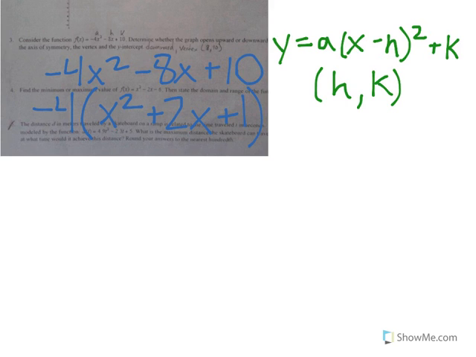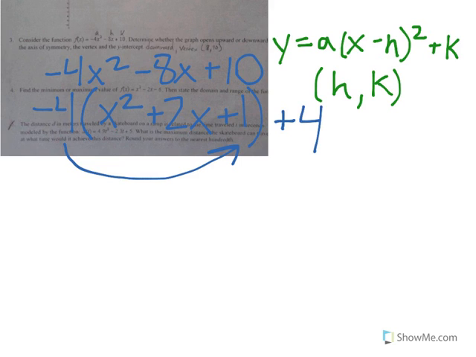So when I added 1 there, remember that 1 is being multiplied by the negative 4. So really adding 1 there is like adding negative 4 to our function. If I'm subtracting 4, I've got to do the opposite and add 4.